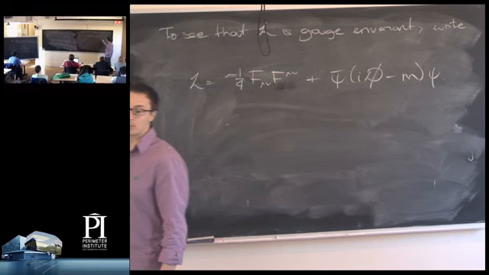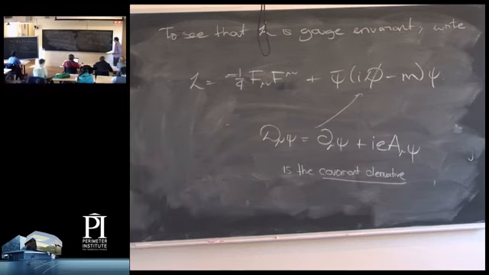And this guy here, remember the slash just means that it's a vector that's contracted with gamma indices, is defined in the following way. It's called a covariant derivative.